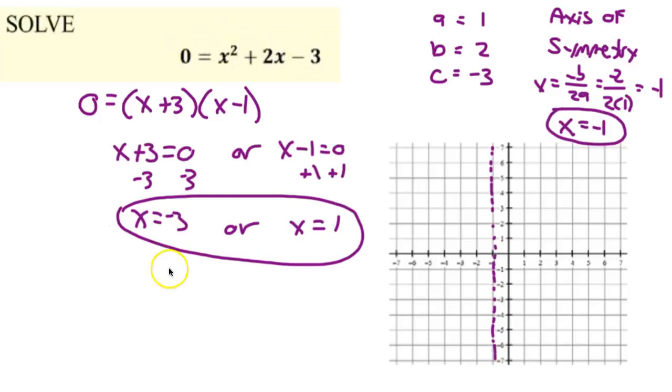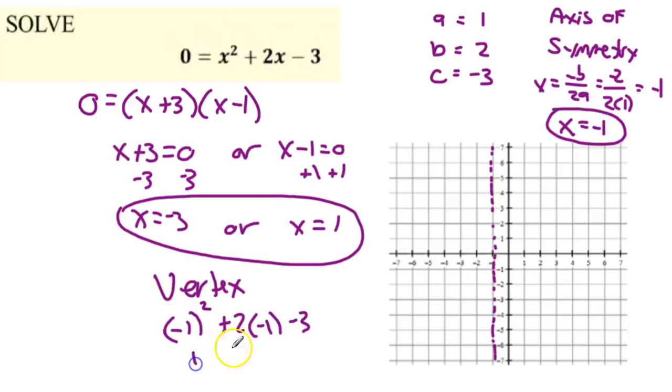Now another thing I learned was finding the vertex. The vertex is when you take the x value for the axis of symmetry and plug it into the original equation, and that will give you a point. So we said x is negative 1, so that's negative 1 squared plus 2 times negative 1 minus 3.